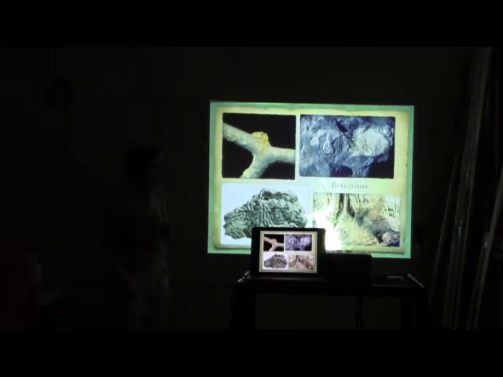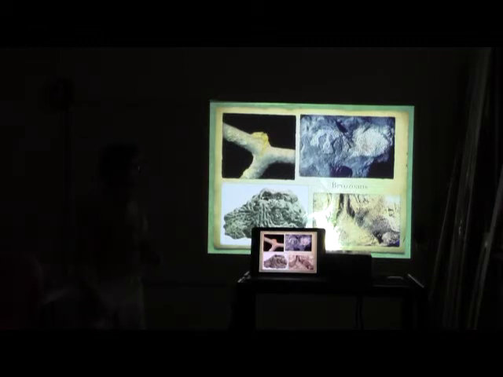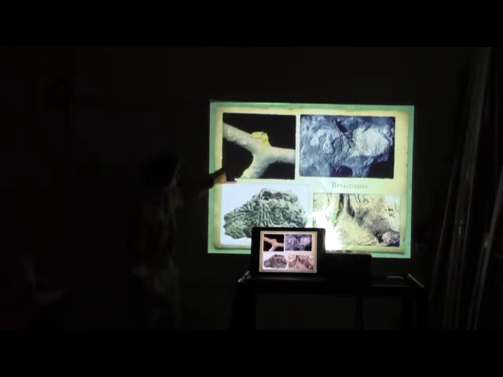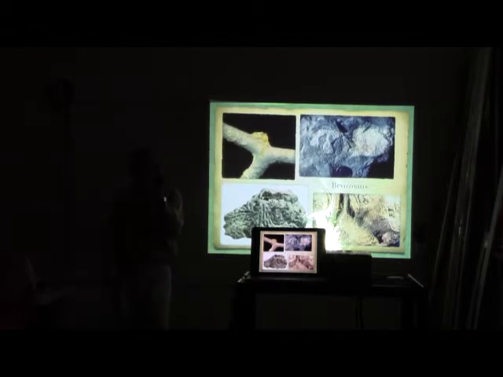Then there are bryozoans. These are examples of bryozoans. And bryozoans, believe it or not, are closely related to brachiopods. Whoa, that doesn't look much like a brachiopod? But these are actually colonies, and each one of these little openings here is an individual animal.